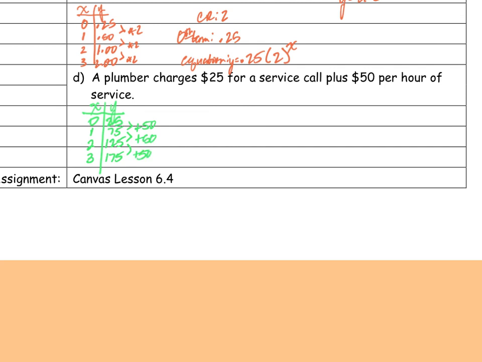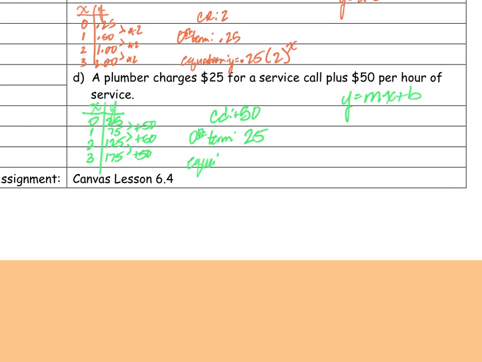So that means I have a common difference because I'm adding, and I'm adding plus 50. And then my 0th term, in this case, is 25. And I'm going to use the equation. I have a common difference, so I'm going to use y equals mx plus b.